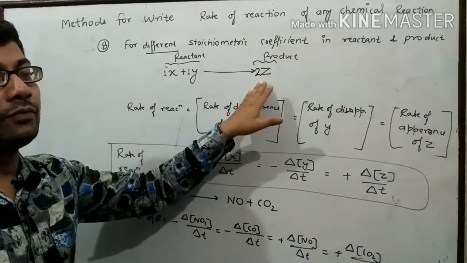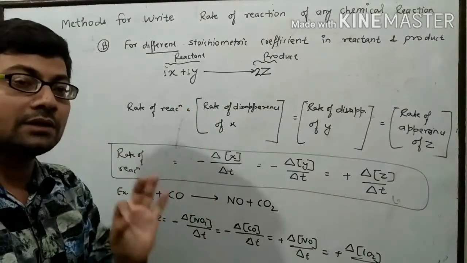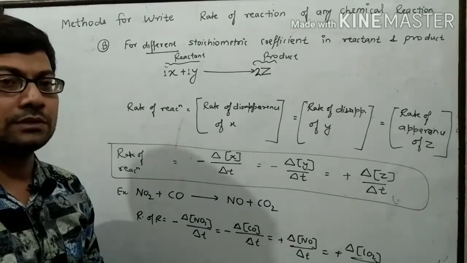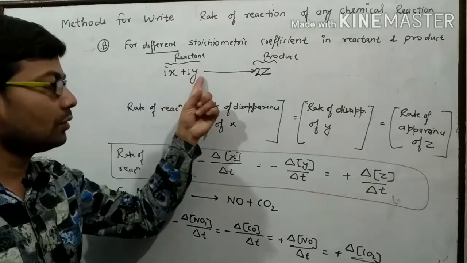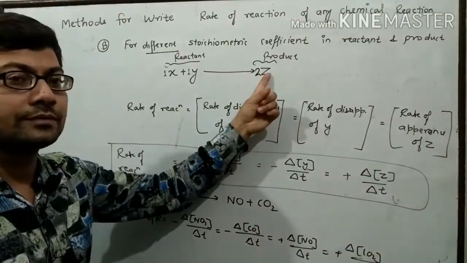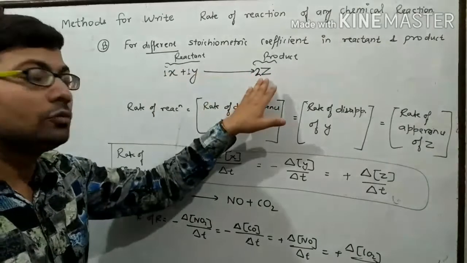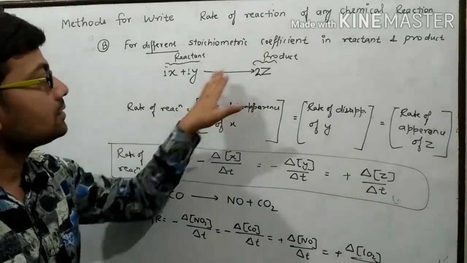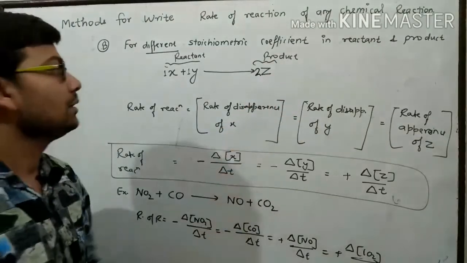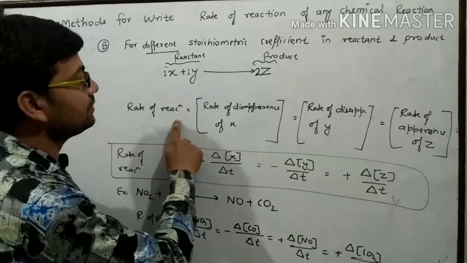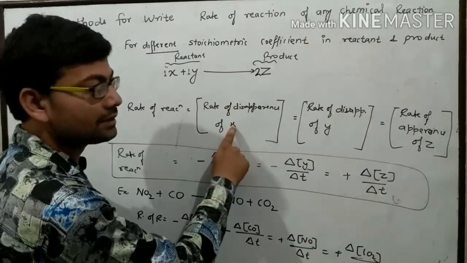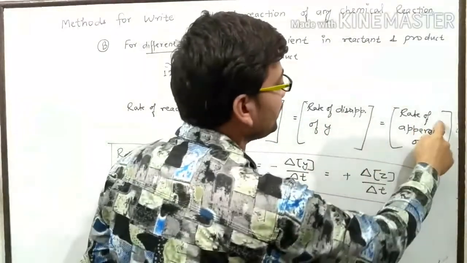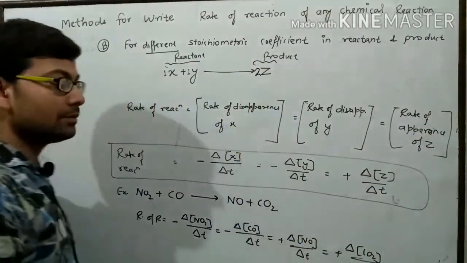When you write the rate of any type of reaction, then you always write for only 1 mole of substance. अब यहाँ पर 2 moles का फॉर्मेशन हो रहा है. 1 mole of X reacts with 1 mole of Y, then it forms 2 moles of Z. Rate of reaction equal to rate of disappearance of X is equal to rate of disappearance of Y is equal to rate of appearance of Z. No doubt, एकदम clear.